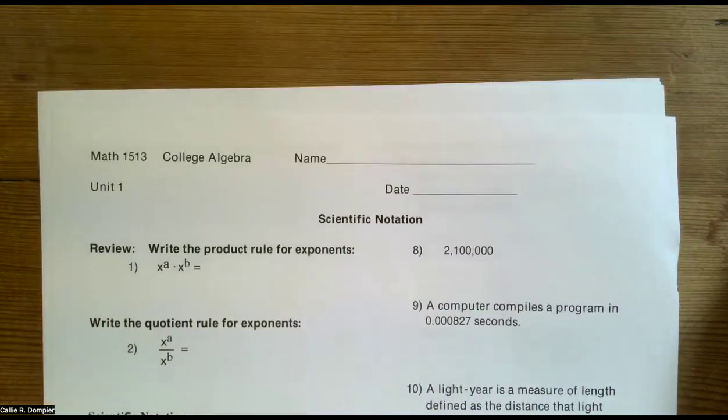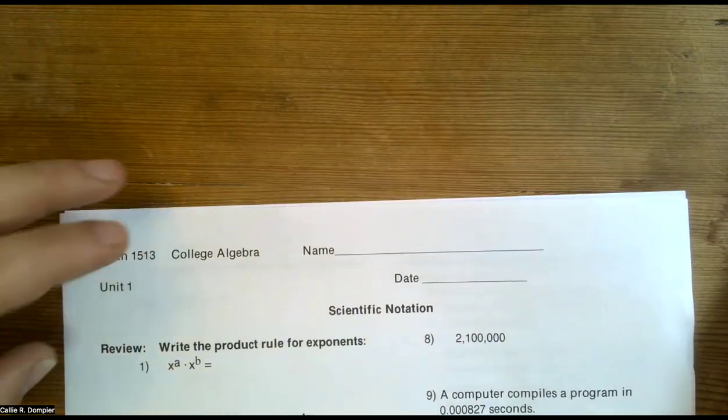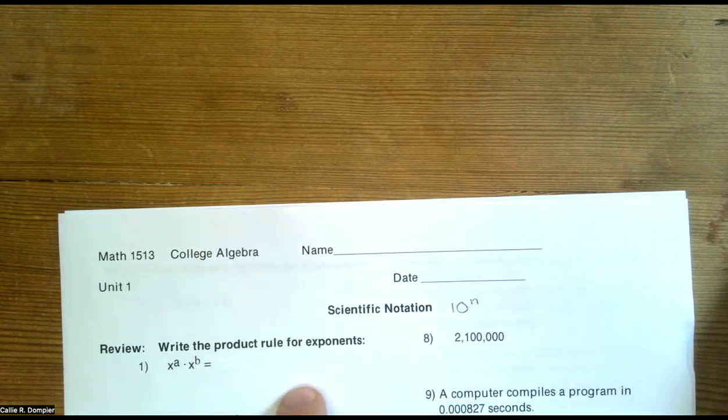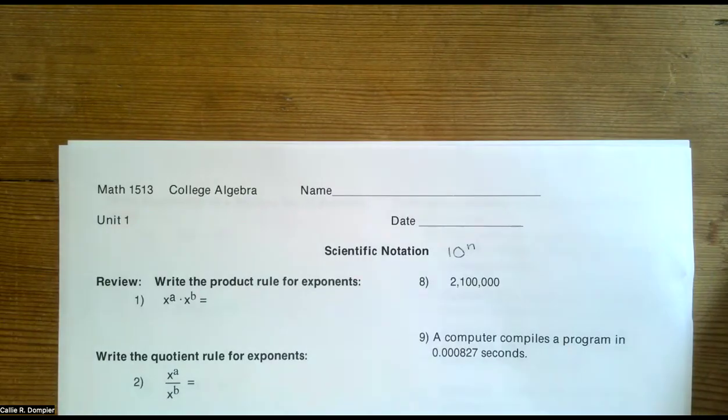Good. So because we are talking about exponents in terms of 10 to an exponent, we're going to review the product rule for exponents. The product rule for exponents is just when I have two terms, both exponents, and they both have the same base, we can combine them using the exponent rules.